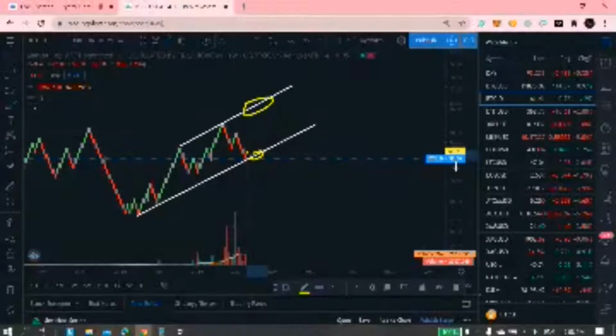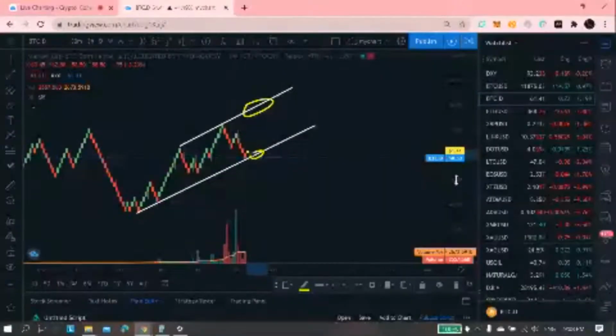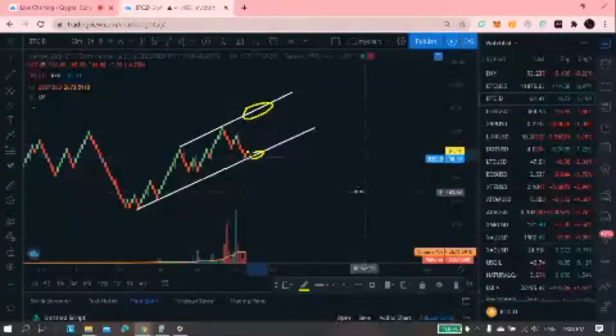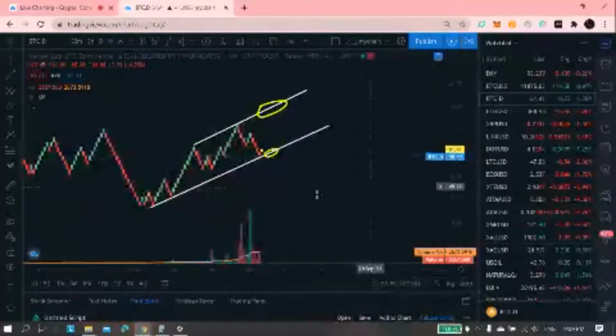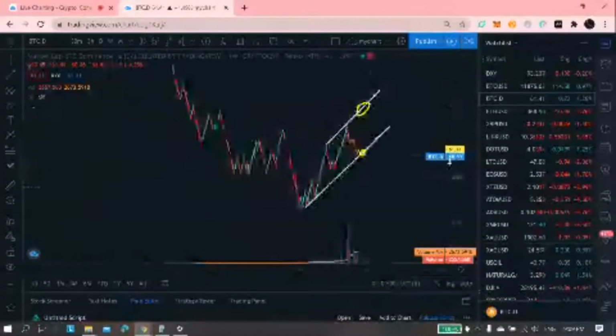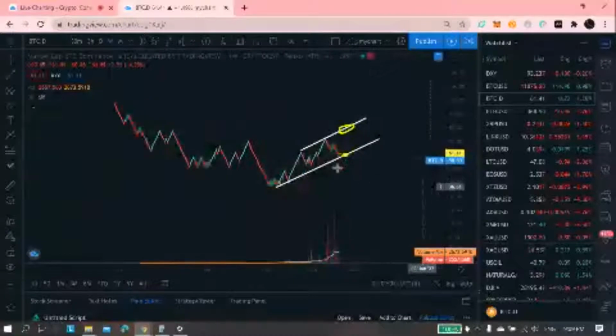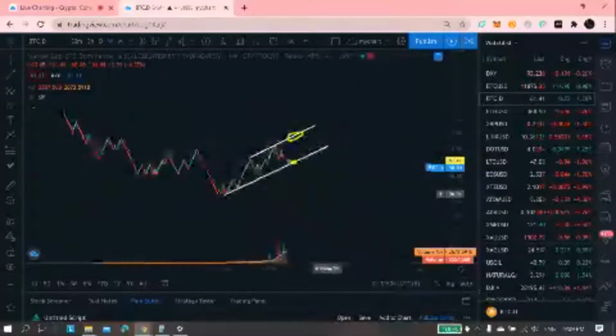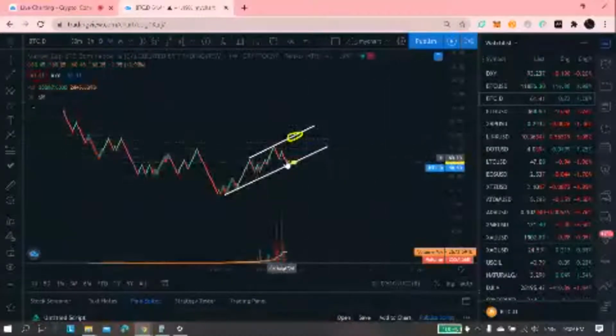It means that a lot of investors are accumulating more Bitcoin. So I think that's it for BTC dominance. Pretty bullish for Bitcoin within the next few weeks.